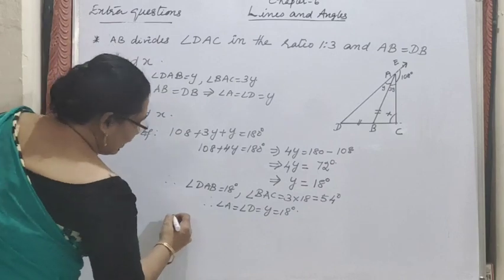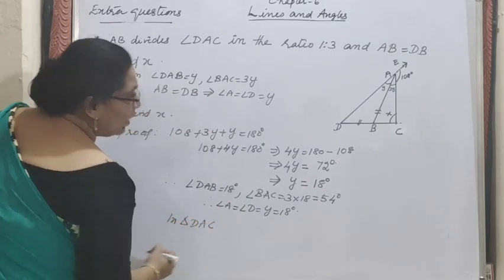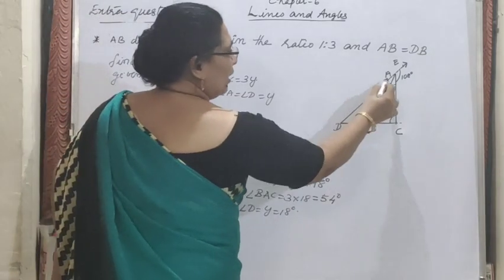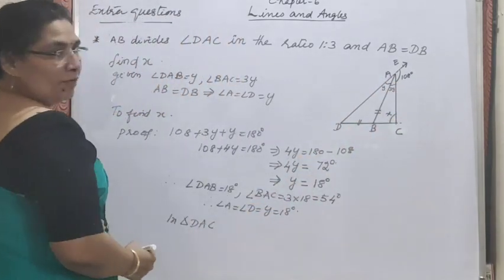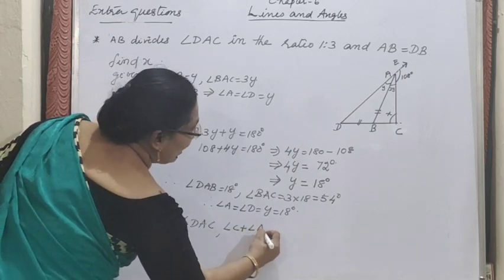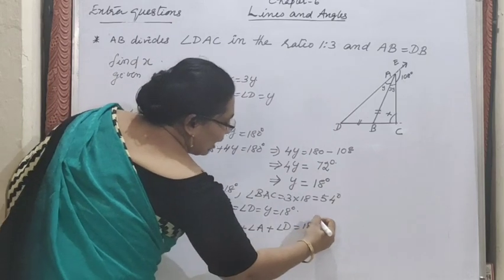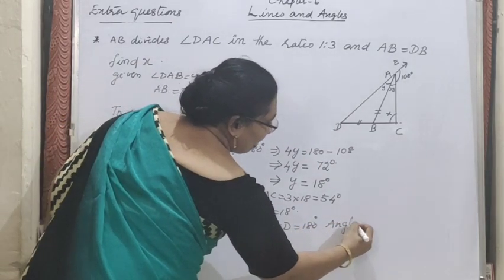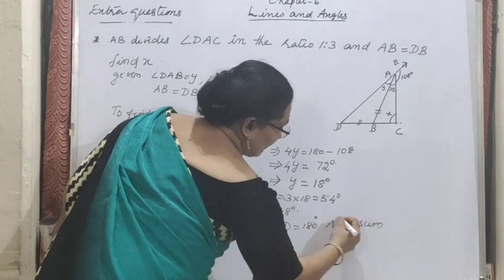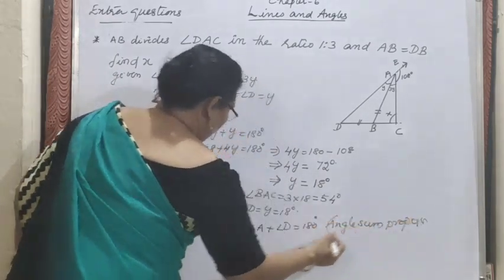Now we will write in triangle DAC. In triangle DAC, what we can write? Angle C plus angle A plus angle D equal to 180 degree, angle sum property. Okay, substitute the values.